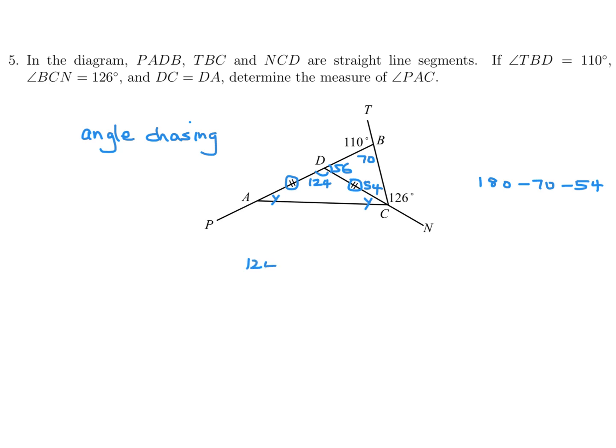So 124 plus 2y is equal to 180, and therefore y, if you do that math, will be 28. And what do they want, PAC? PAC, this angle in here. Well, that would be 180 minus y, which I believe is 152. So there we go, 152 degrees is the answer to this question.